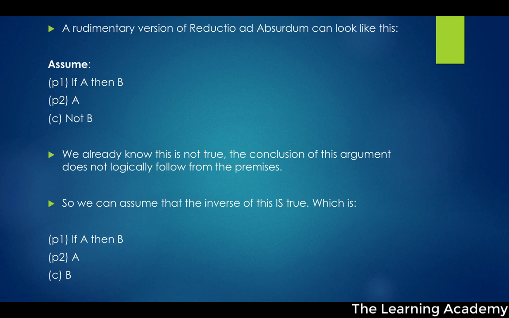We know that that is false. It is invalid. It is a contradiction. The conclusion does not follow from the premises. So we've assumed that, and we can show that that is false and invalid. We can conclude that the original argument, if it is raining I should take an umbrella, it is raining therefore I should take an umbrella, is true. That is how reductio ad absurdum works.